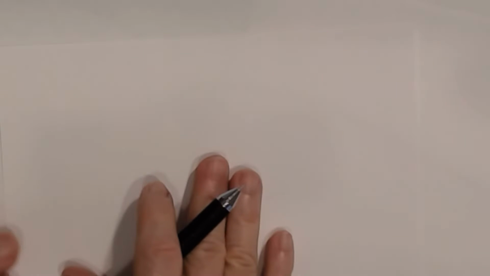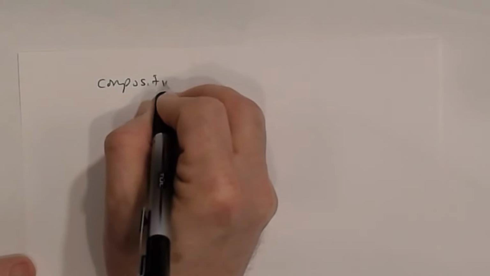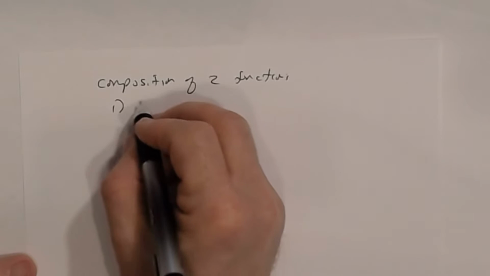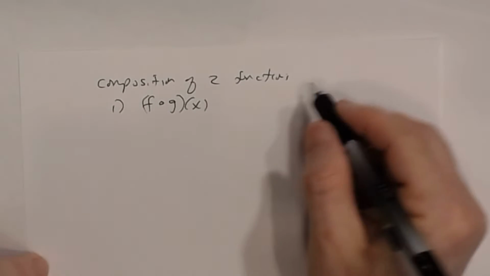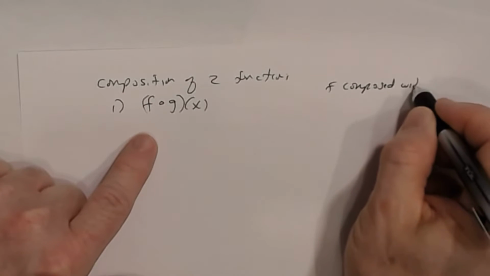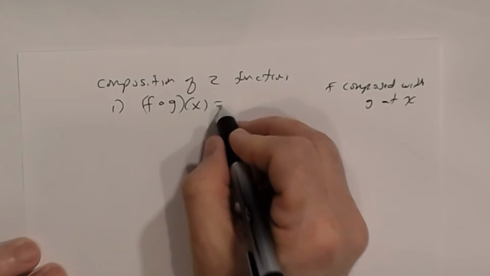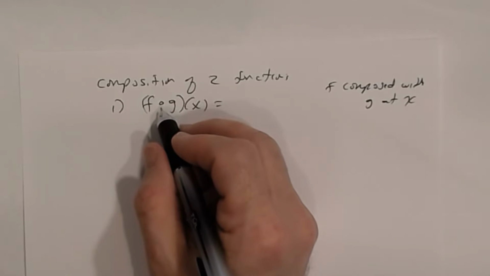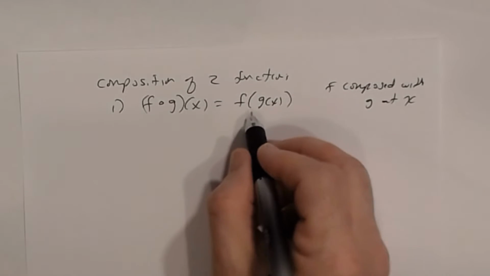Okay, so composition of two functions. Number one, f composed with g at x. So I'm reading it as f composed with g at x. That's how you read this. By definition, remember that's an open circle, right? So don't think of multiplication. That's not multiplication. By definition, this means f of g of x, just like this.